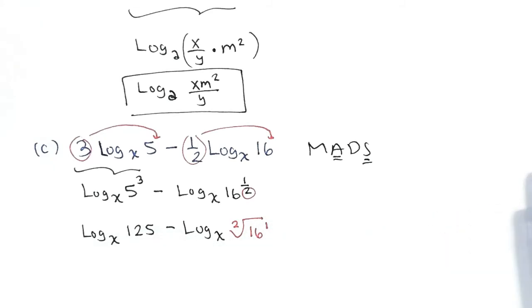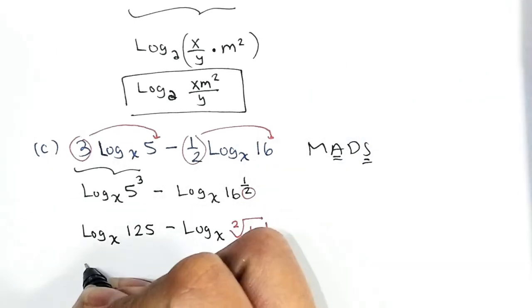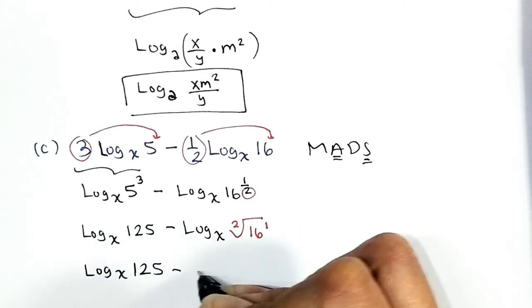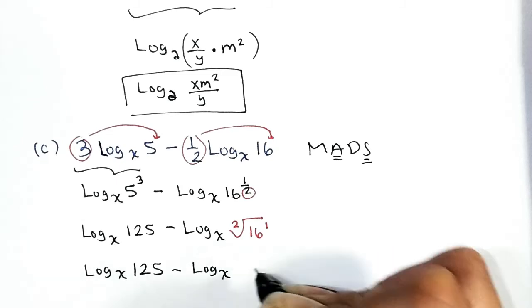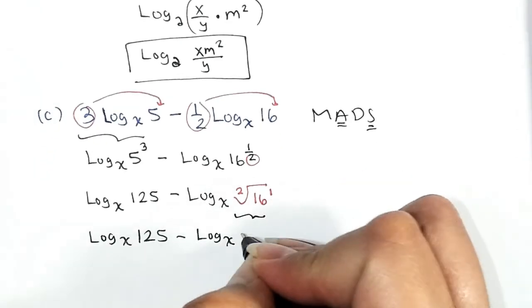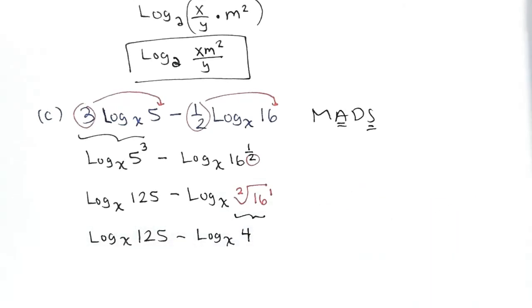The moral of the story, 16 raised to the 1/2 is just a really fancy way to say the square root of 16. Okay, so we have log base x of 125 minus log base x of the square root of 16, which I think simplifies to 4. Okay, go ahead, verify that for me.